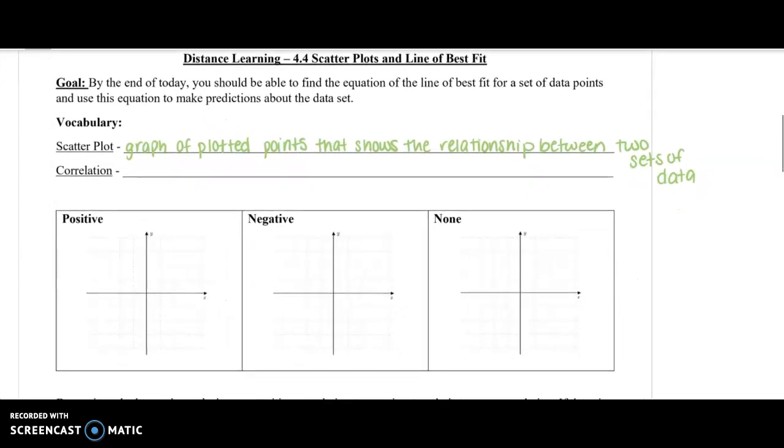So a scatter plot, the definition of that is a graph of plotted points that shows the relationship between two sets of data.